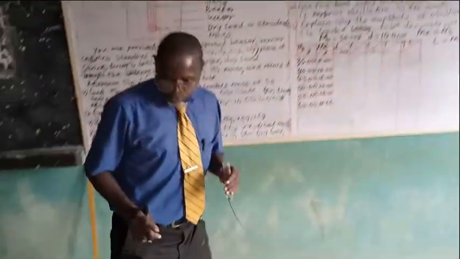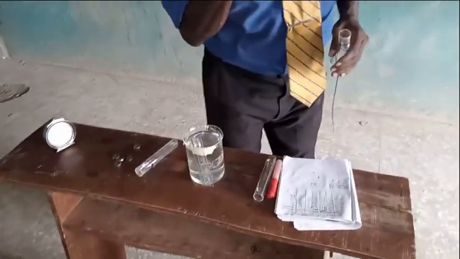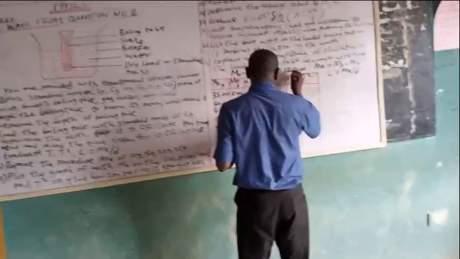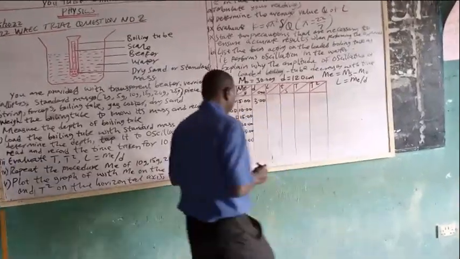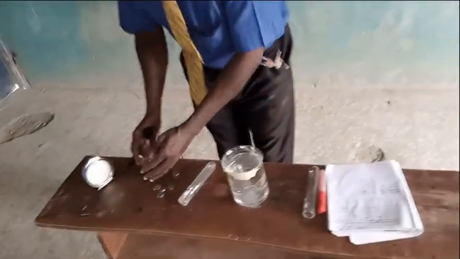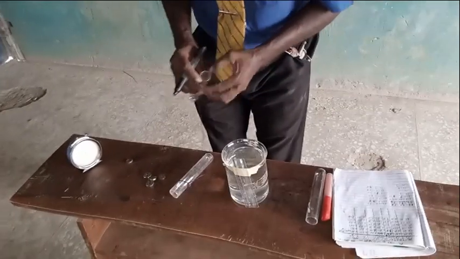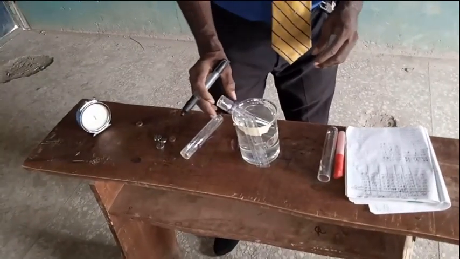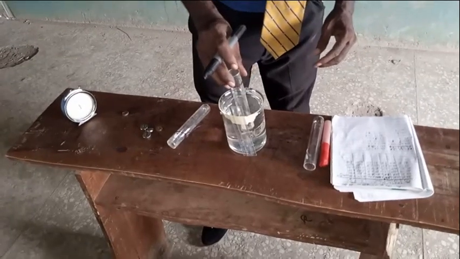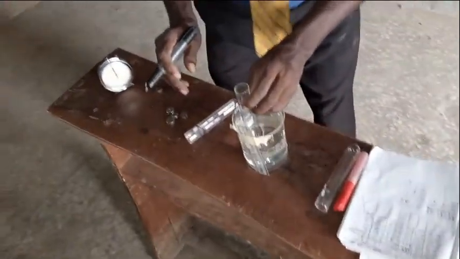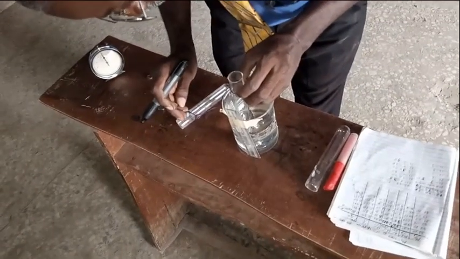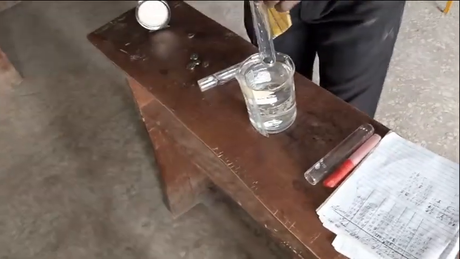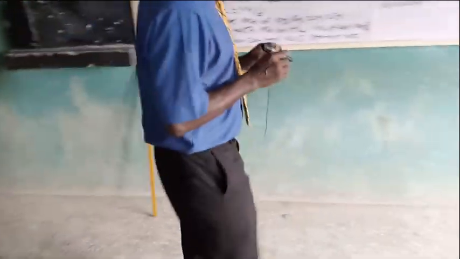Now the depth, when you remove 9 from 12, you get 3.00. This is 10 gram. Let's determine the depth in water. 12 minus 8 gives us 4.